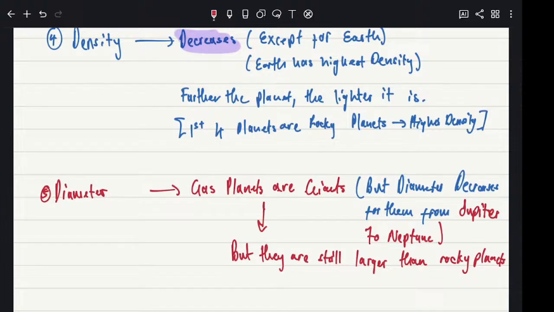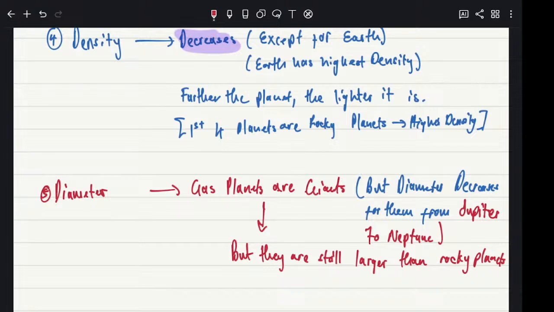The inner ones, the 4 inner ones, the ones that are closer to the sun, the ones that are hotter. They are rocky, but they are small. So they are very rocky. It means you find heavy materials on them. You find metals on them. You find rocks. You find planets that are made from rocks.